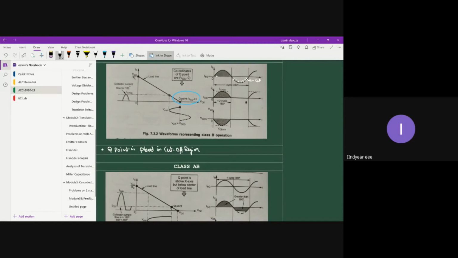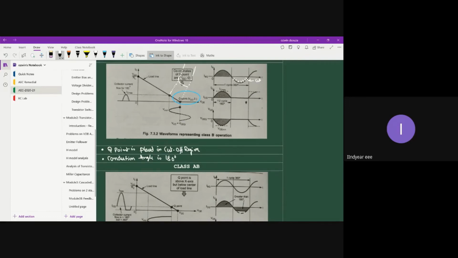So the transistor will be conducting only for one half cycle. That means to say the conduction angle or conduction period, so conduction angle is 180 degree because it works only for, let's say this is your base signal. Let me extrapolate. Base signal.